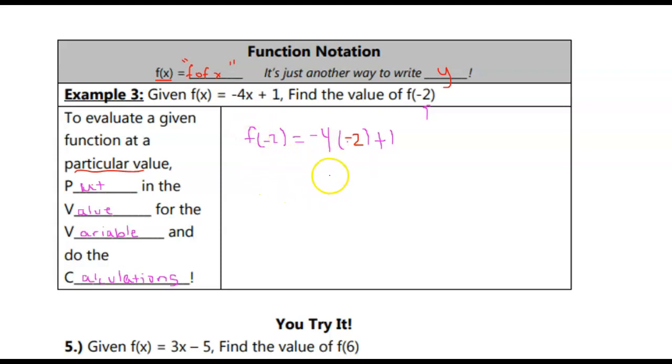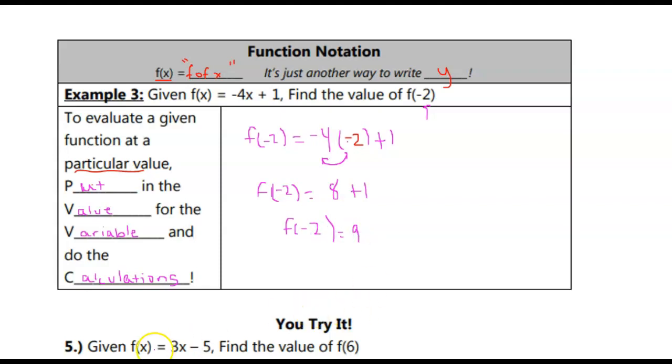Now I just do the calculation. Well, what is -4 times -2? Well, that's +8. So f of -2 is equal to 8 plus 1, which means f of -2 is equal to 9.